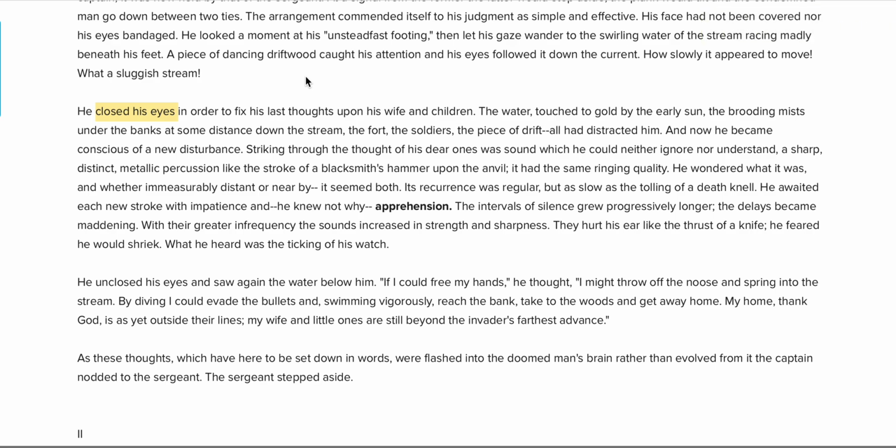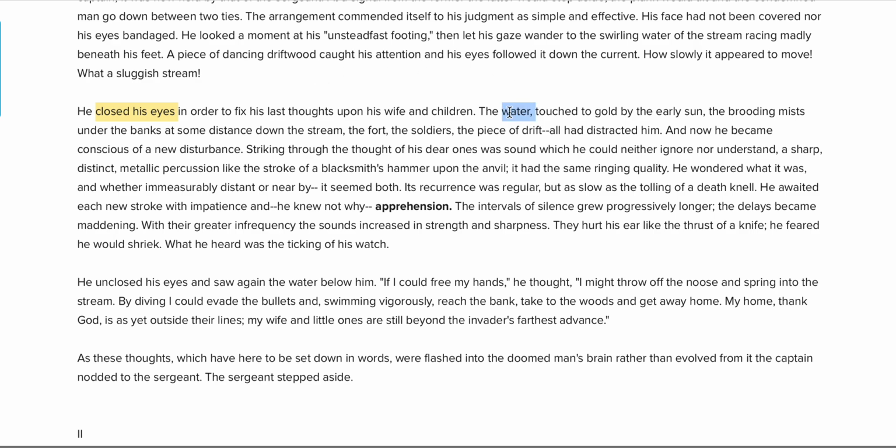This sentence is so important. It highlights the theme of near-death experience, and how people think of memories or people just before they die. So we know that this person knows that he's going to be executed soon. He is closing his eyes to keep the memory of his wife and his children in his mind.